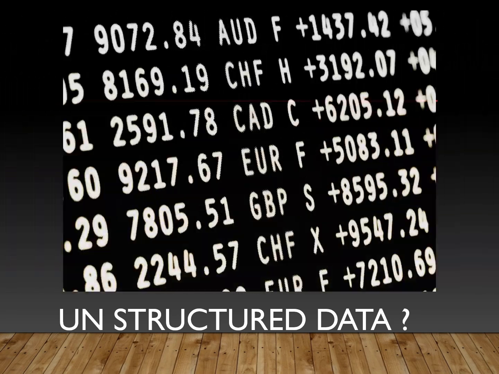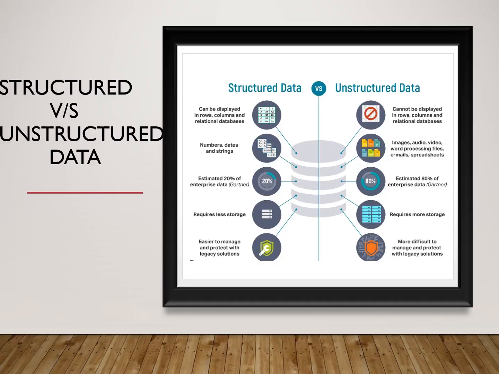What is structured data? What is unstructured data? Let's quickly go back. Structured data is something which can be displayed in rows and columns, in a defined format. Unstructured data includes images, videos, emails, and audio files. As I mentioned, any training data can be structured or unstructured, and we utilize those to train the AI models.